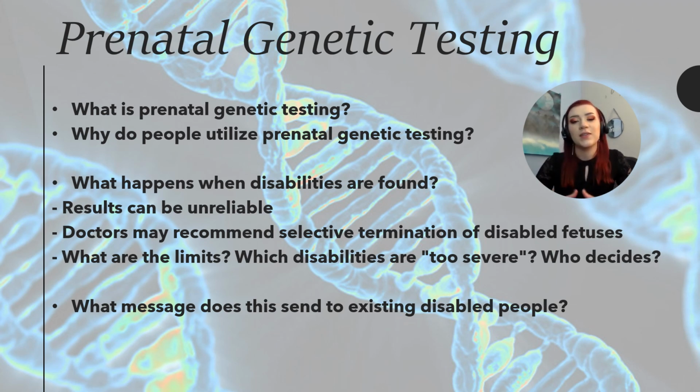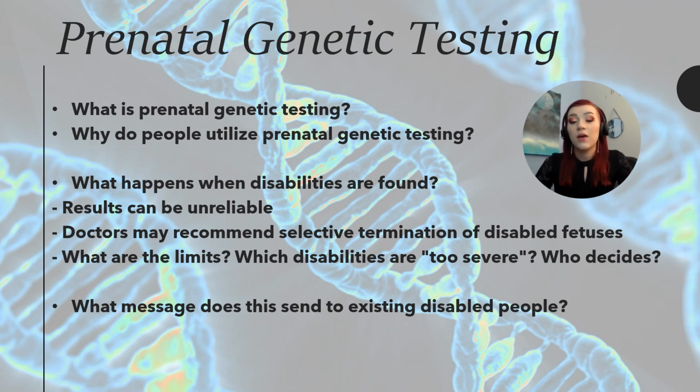And of course, this is a big topic in the media. This is a big topic in politics right now. But putting abortion to the side for a second, if we're just looking at the disabled community, a lot of disabled people feel that prenatal genetic testing is a form of eugenics because it can lead to the selective termination of disabled fetuses. And in that case, yes, we can consider this a form of eugenics.